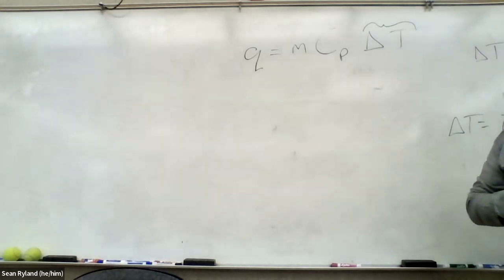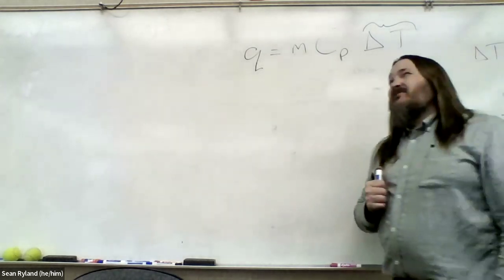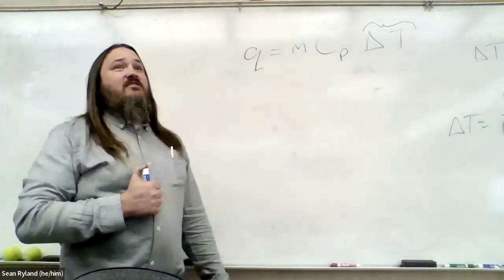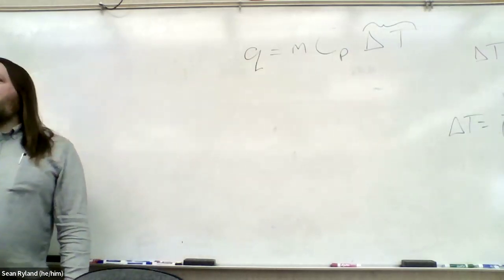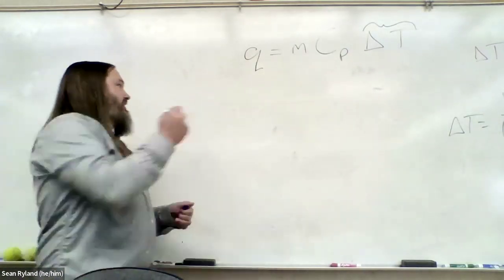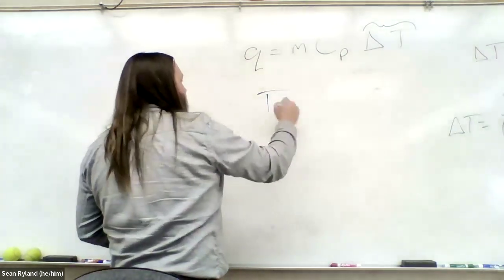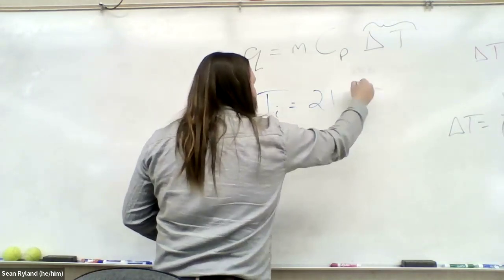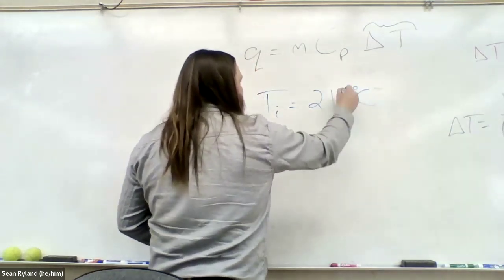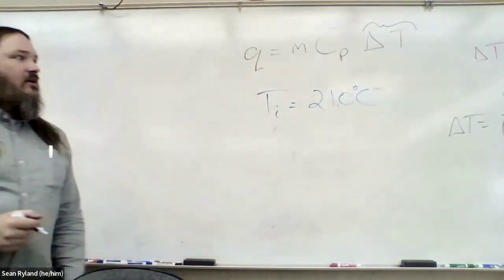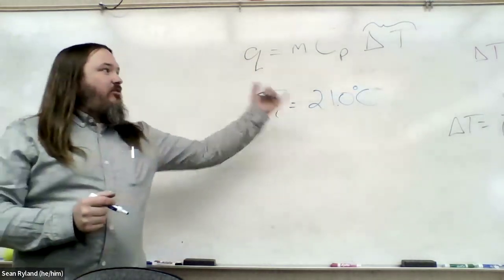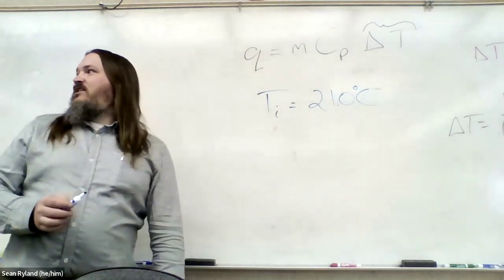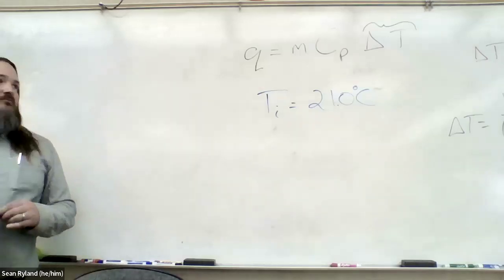Or you could know that 21 degrees Celsius is about 68 Fahrenheit. Actually, that one's exact, I think. 21 Celsius is 68 Fahrenheit. So if we say that our initial temperature is 21 degrees Celsius, and we're going to add 33 to that, we'll get something around 50 Celsius.